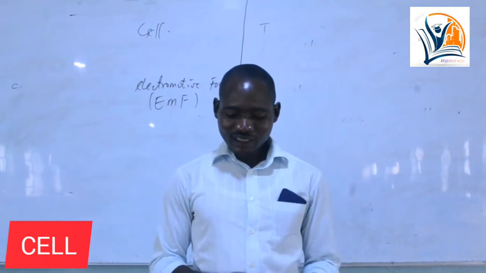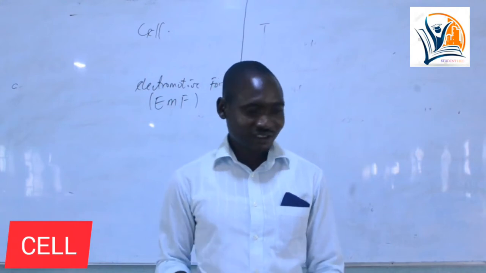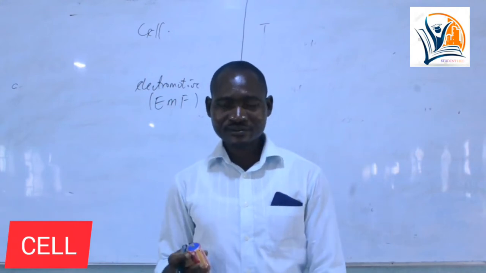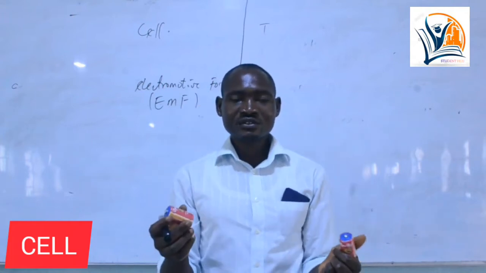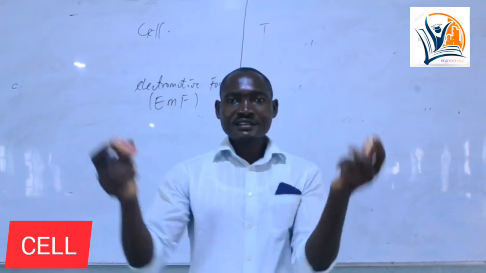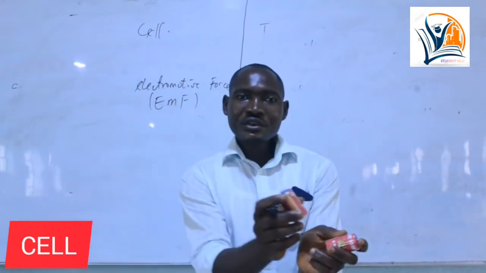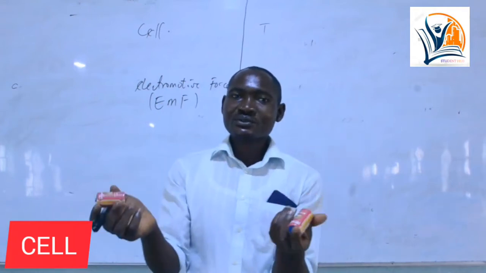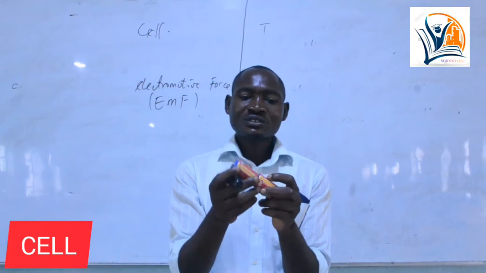So this electromotive force of a cell is the potential difference across the cell when the cell is not delivering any current to the external circuit. Then we say it is electromotive force.